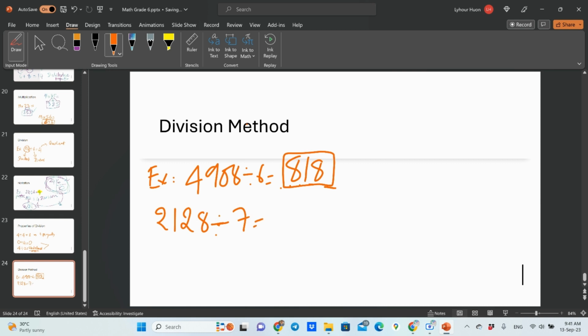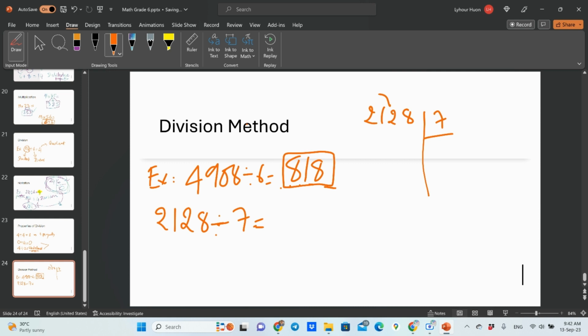I think a lot of students make mistakes on this one. Why? Let's see, 2,128 divided by 7. First of all, we look at two digits because one digit is smaller than the divisor.